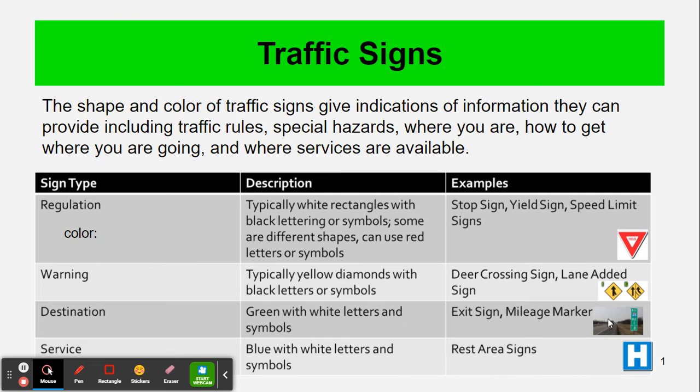They just tell where the city is and how far away it is and what routes to take to get there. Okay, and then we have service signs. So your most important service sign is going to be this one. They're blue with white lettering, and this one with the H in it is the most important. That's your hospital sign. Okay, they also have rest area signs, for example.